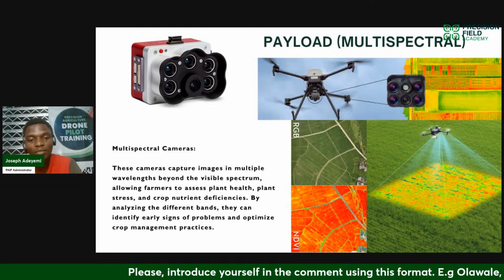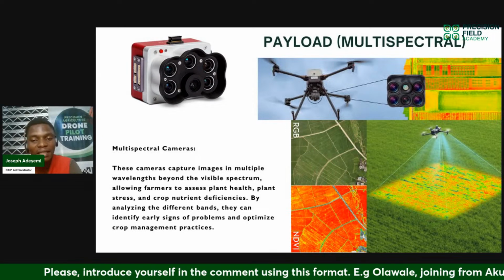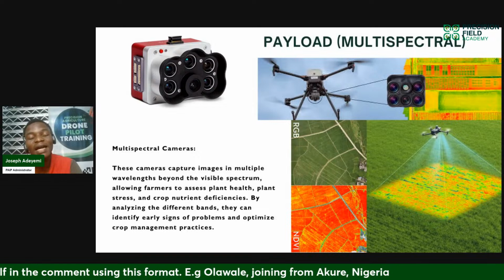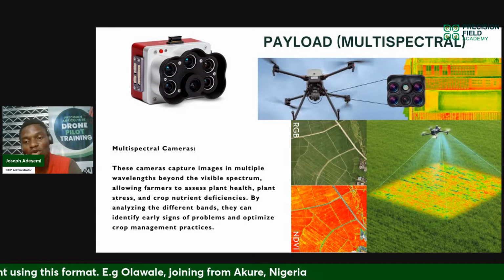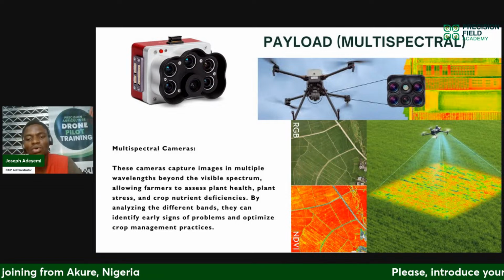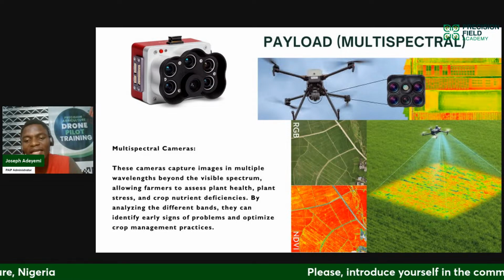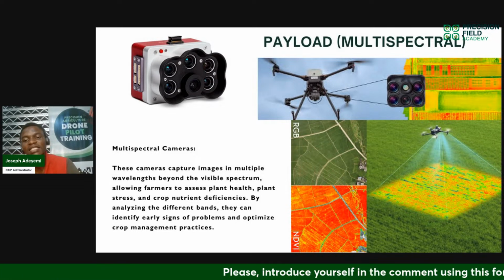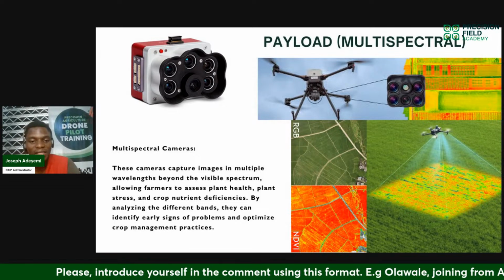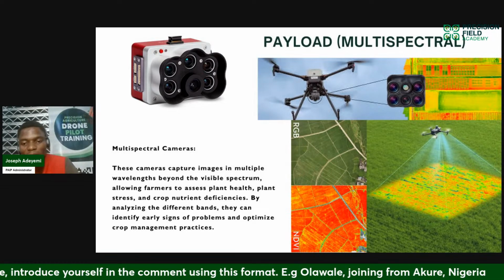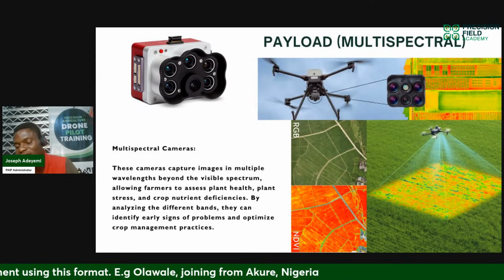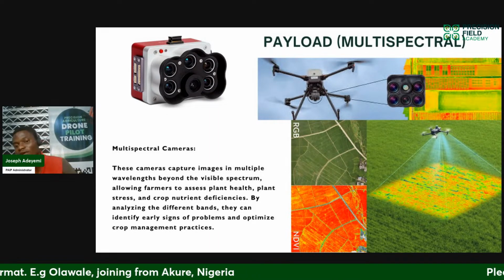So when you are taking pictures, you can engage these two cameras at a time. It's going to collect the RGB and still collect the multispectral. The multispectral is what gives you the capability to have data called NDVI, the normalized difference vegetation index. This can help you know about the crop health, plant health, plant stress, nutrient deficiency, and what have you for efficient crop planning.